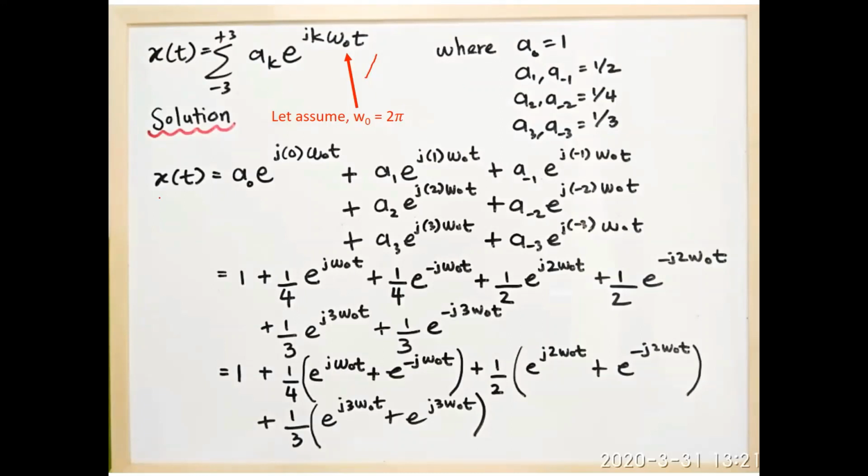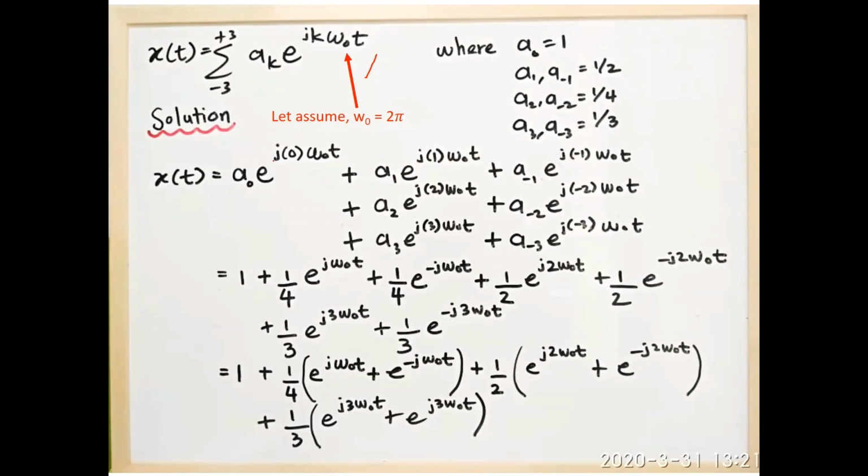So write it out. x(t) equals, for k equal to 0, a_0 e^(j0ωt), plus a_1 for k equal to 1, e^(jωt), plus next we have a_-1 e^(-jωt), and so on.